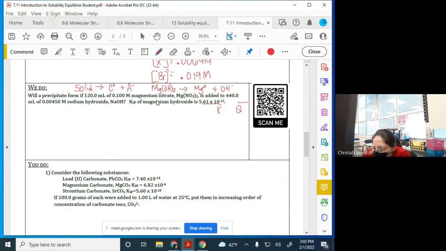So we have magnesium nitrate. We're looking at the magnesium part of this because that's what we care about here to see what concentration that's going to be in the water. So if I have 0.12 liters, I took this and turned it into liters, and I multiply that by the molarity, that's going to give me my moles of magnesium.